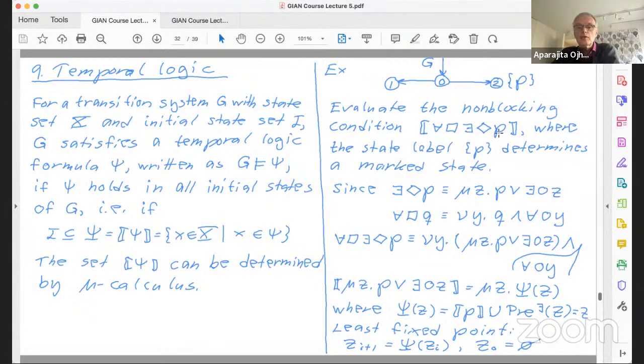Okay, so if you would like to validate this expression, then you can do this in two steps. First, you validate existence, eventually P, with this mu calculus expression.